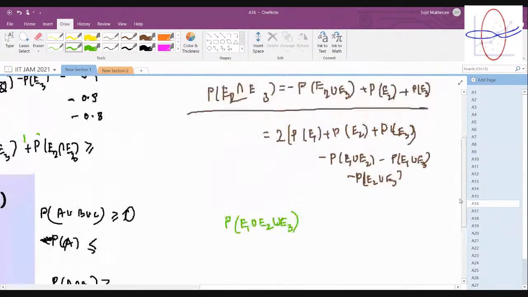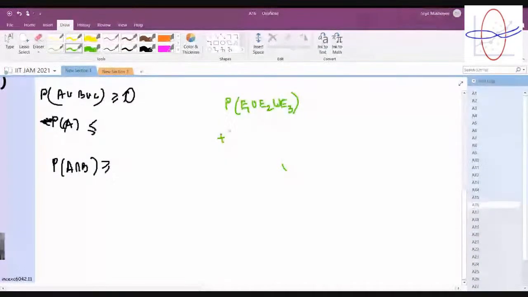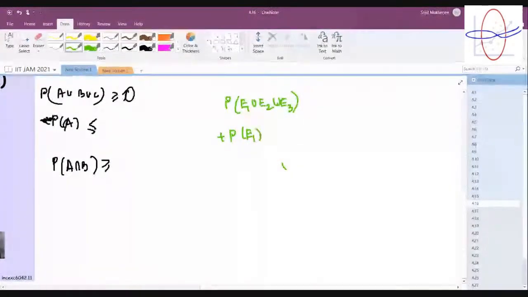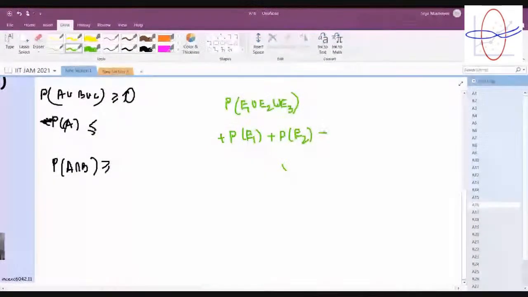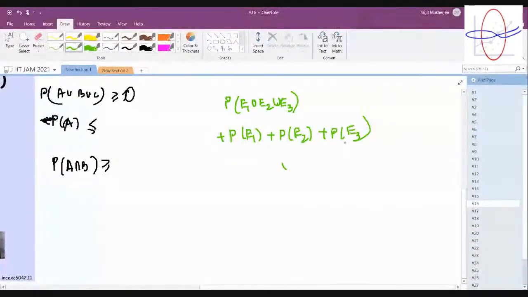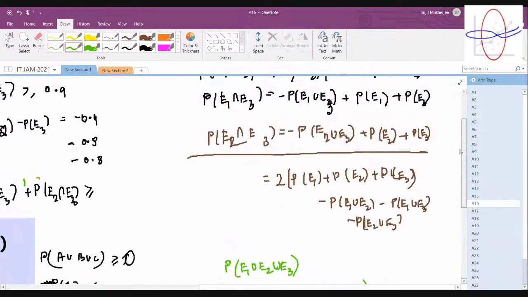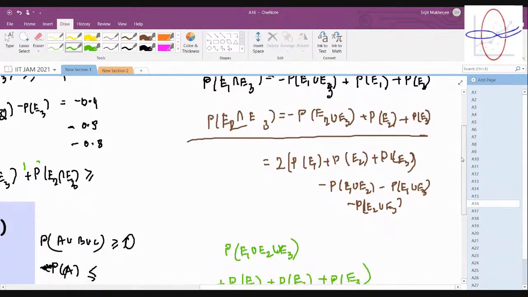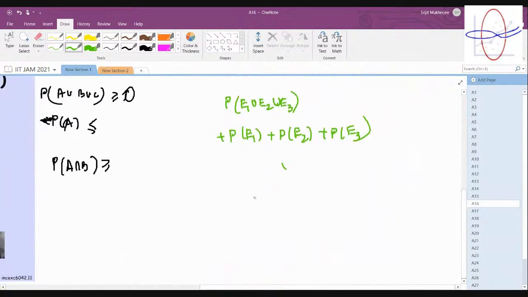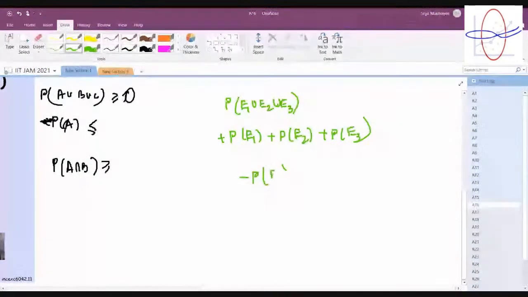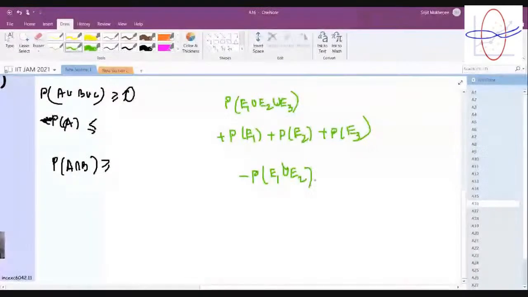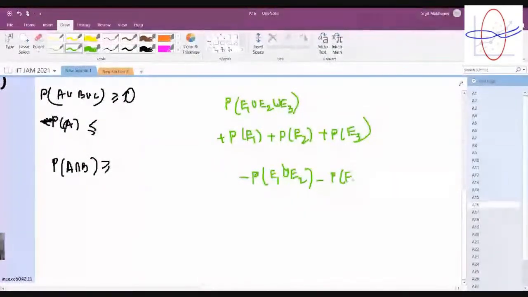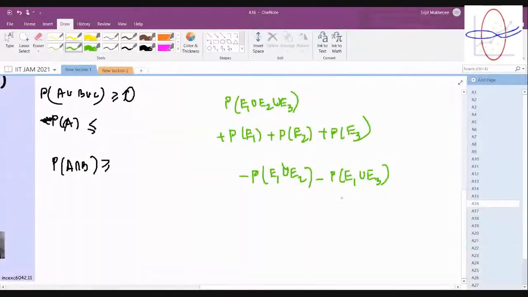Summing this all up, we get the following: minus of that and plus 2 of this, and minus probability of E1 union E2, minus probability of E1 union E3, minus probability of E2 union E3.